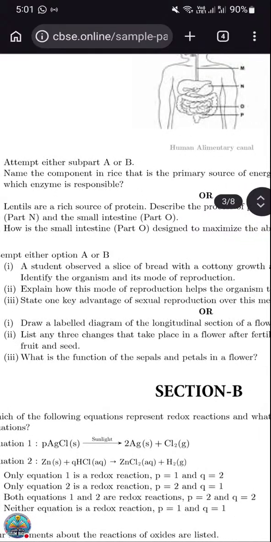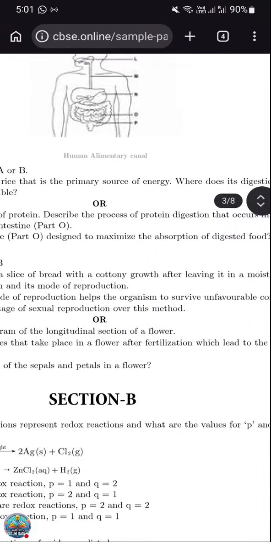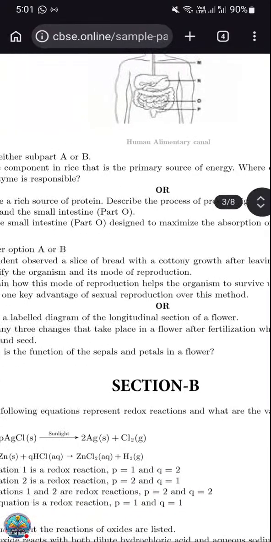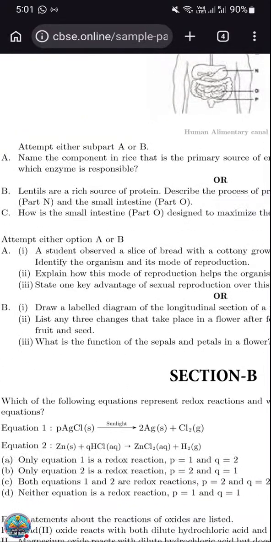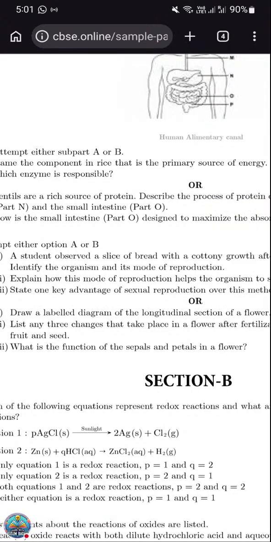A student observed a slice of bread with cottony growth after leaving it in a moist dark place. Explain how this mode of reproduction helps the organism. So what is this mode of reproduction? Is there anyone who can answer? There is a cottony growth on the leftover food.